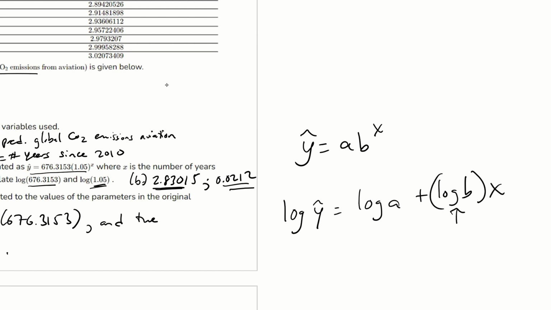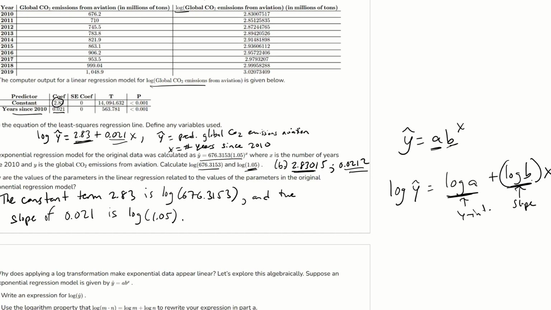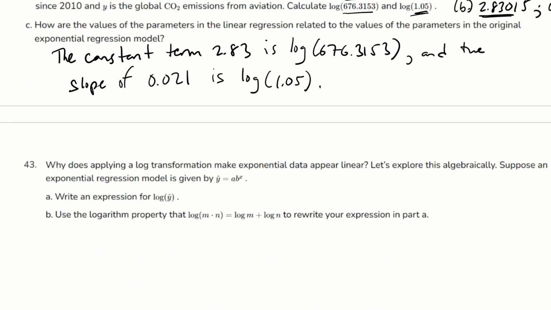So this is the slope, and it makes sense that if you take the log of this, you get the slope. If you take the log of this, you get the y-intercept. That makes perfect sense, right? Based off what we said here. All right.